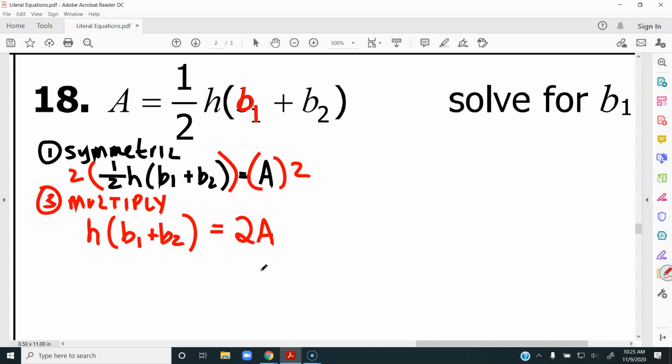All right. Now, I could certainly distribute here if I wanted to, but this is where we have to get a little bit creative in what we're doing. I could certainly distribute and then divide things out. So maybe just based on our rules, I'll do that. Normally, I would divide out the h and then use the inverse property, but I'll do it this way. So this will be hb1 plus hb2 is equal to 2a.